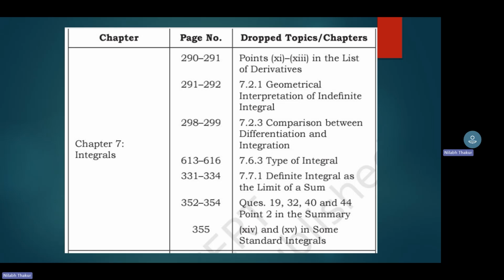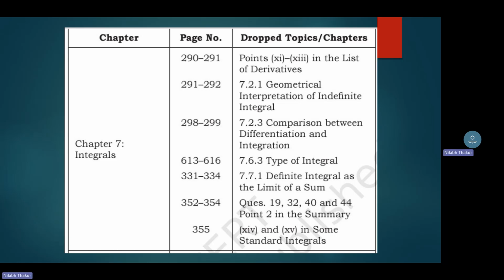Page number 291 to 292, geometrical interpretation of indefinite integration. Comparison between differentiation and integration, page number 298 to 299. 7.6.3, types of integral.